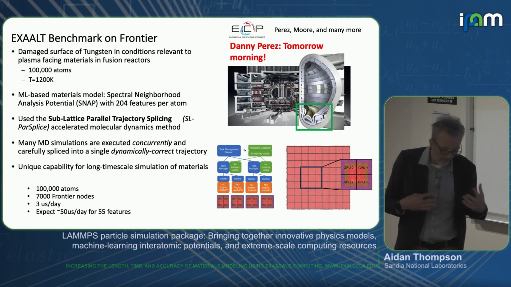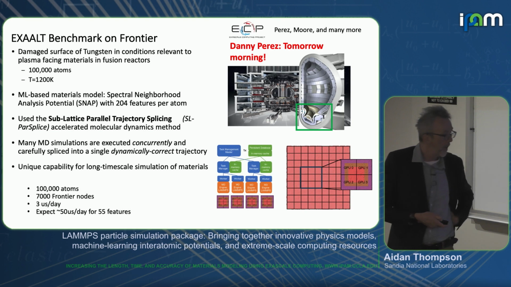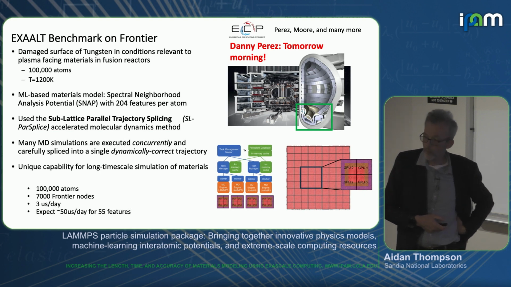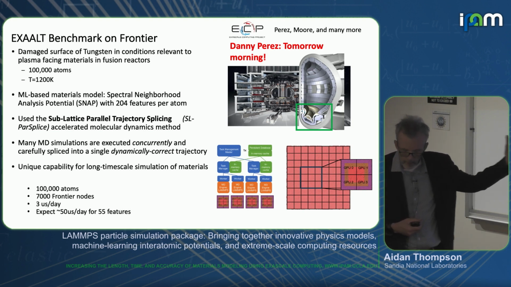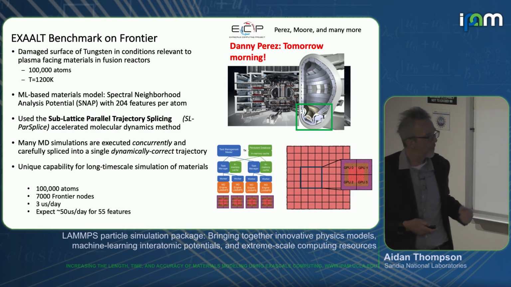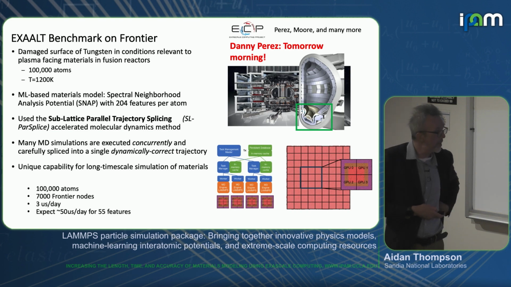With a more parsimonious potential that we typically use, because we really do care about speed a lot, without sacrificing much accuracy, we estimate this would give us about 50 microseconds per day, using a combination of all the performance optimizations I just talked about and the cleverness of Danny's time-parallel methods. And there are 2 of them, I'll just say here.